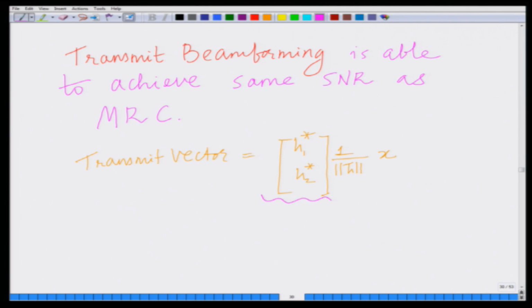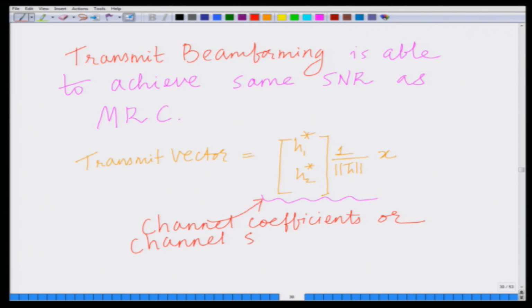The challenge in transmit beamforming is basically that the channel coefficients or channel state is to be known at the transmitter.